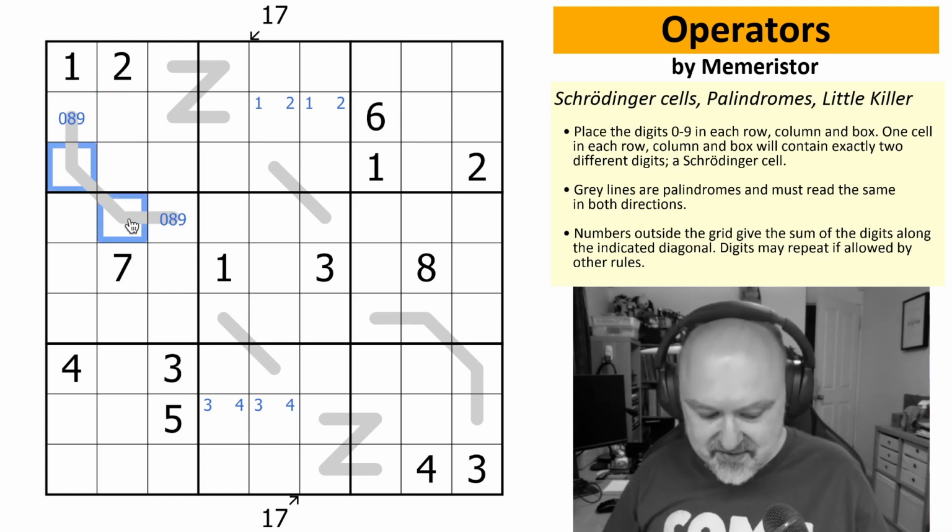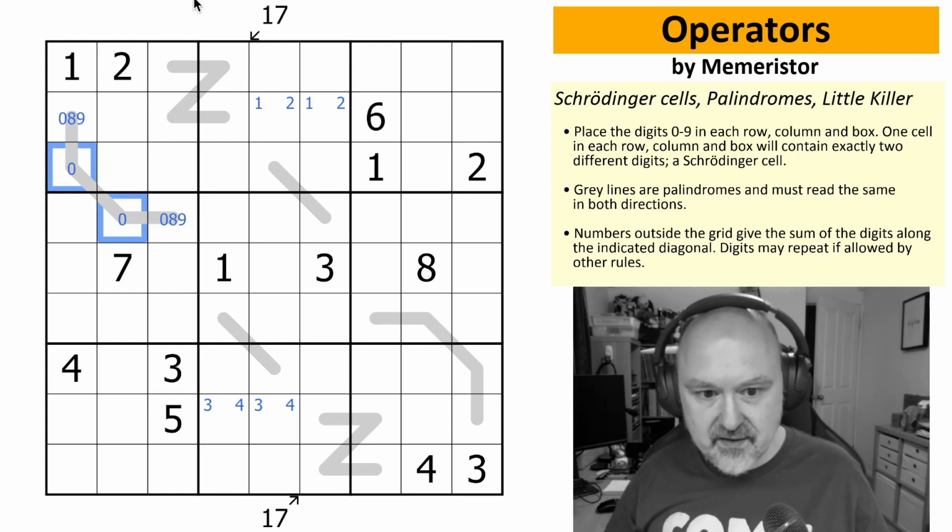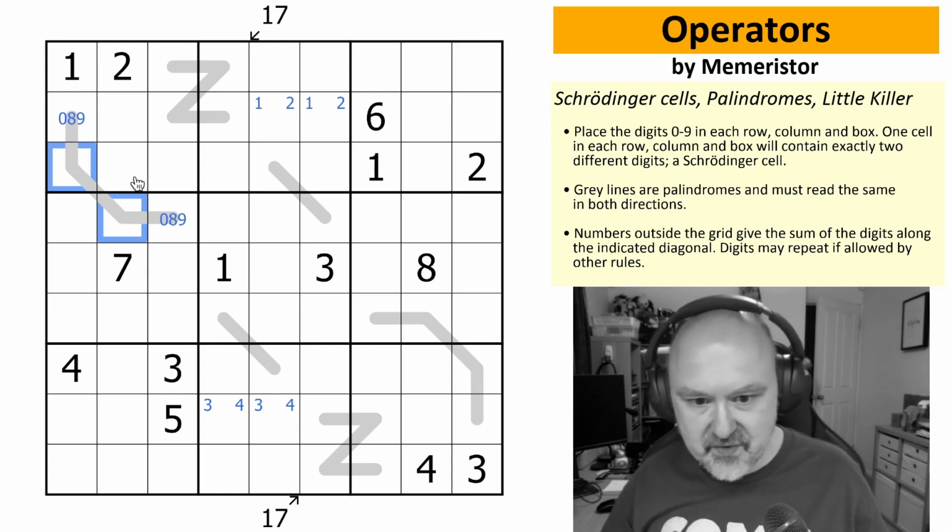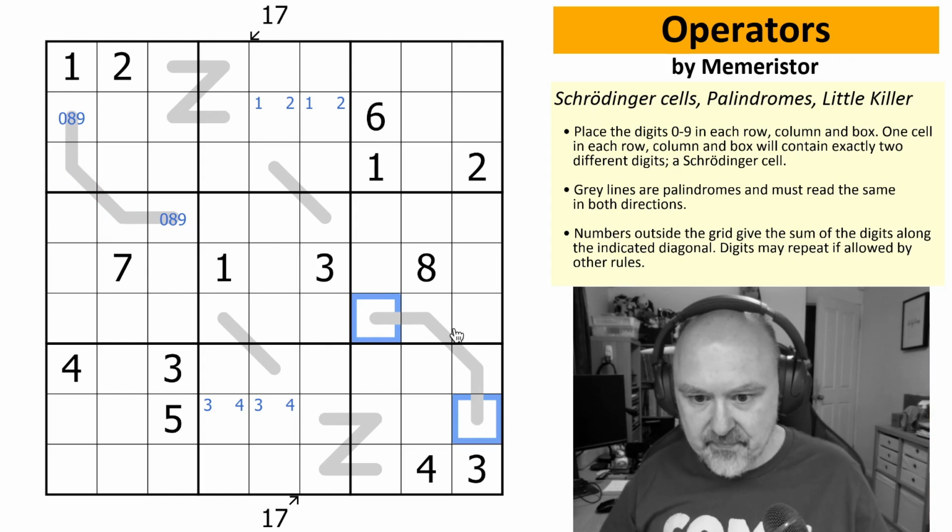So these two cells, 0, 1, 2, oh, that one doesn't see 3, 4, 5, 6, no, I'm not doing that. That is way too many candidates. What about here? 0, 1, 2, 3, 4, 5, 6, 7, and 9.